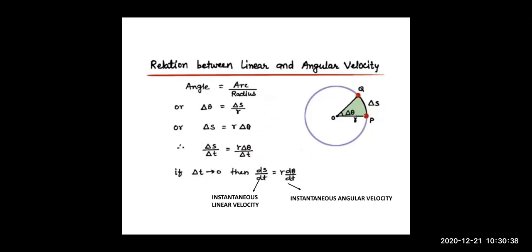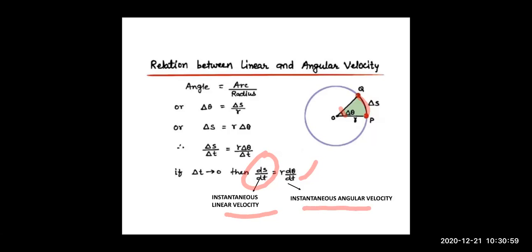So ds by dt will give you the instantaneous linear velocity, because this is the distance covered. And the angular distance is theta. So d theta by dt is the instantaneous angular velocity, right?